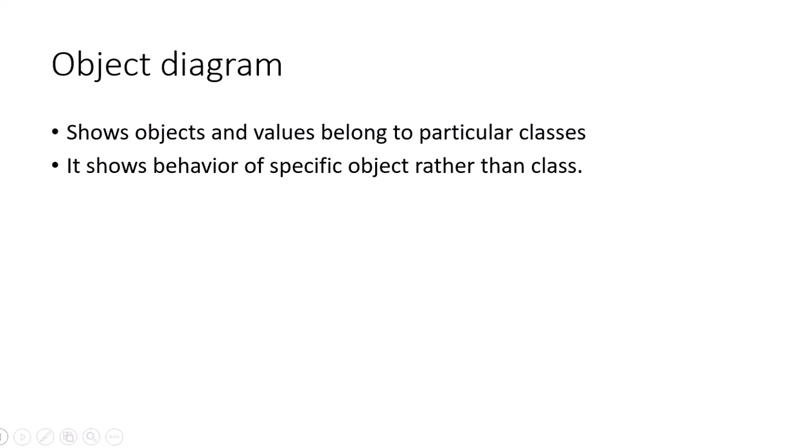But for an object we specify the attribute values. We will talk about values like student ID 1, student name, for example, John. So an object diagram basically shows the behavior of a specific object rather than a class.